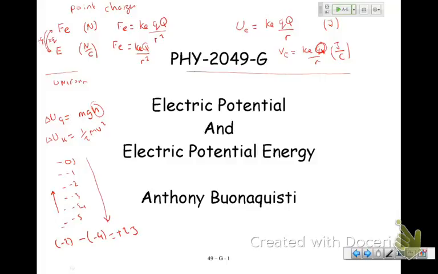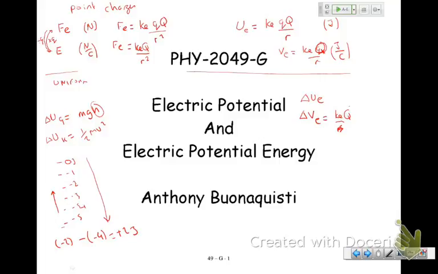We do the same kind of trick with our electrical potential energies and our electrical potentials as well. So we can invent this thing called our delta UE and our delta VE. And our delta VE is going to be kq over r.